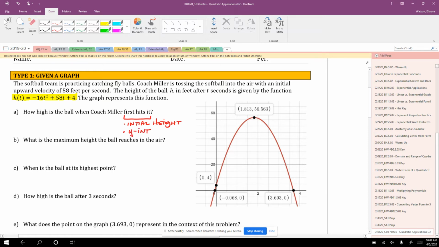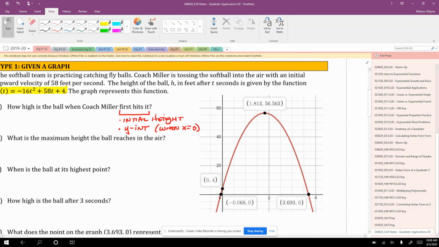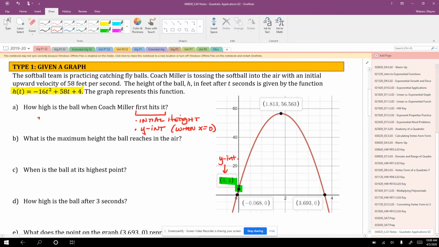The y-intercept is where it crosses the y-axis, and it is also when x equals 0. So if we look on our graph, we look for when x equals 0, where it crosses the y-axis. That's going to be right here. So we know that this is our y-intercept. So what is the height, which is the y value? It's 4 feet. And so that is our answer.